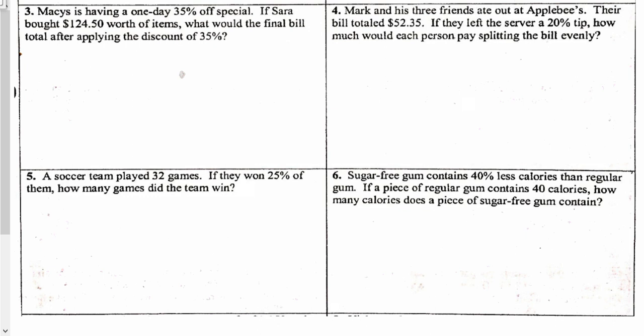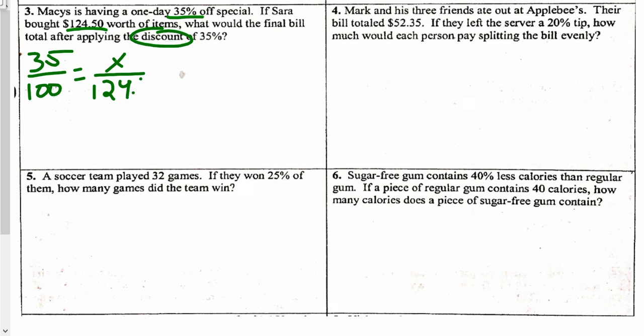Macy's is having a sale, a one-day sale of 35% off. If Sarah bought $124.50 worth of items, what would the final total be after applying the discount of 35%? So we have our 35 over our 100 equals our piece that we're looking for over our total price of $124.50.